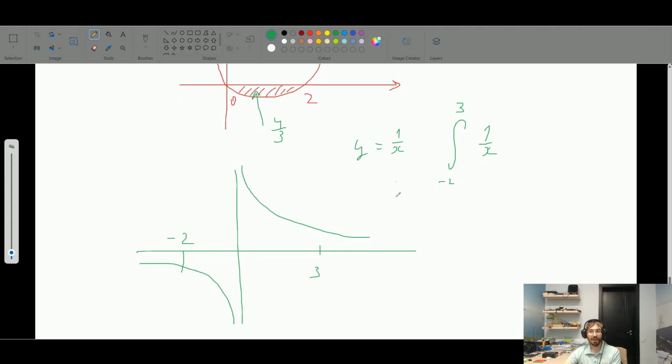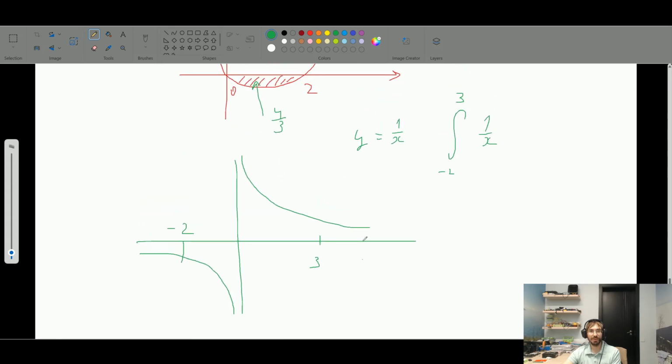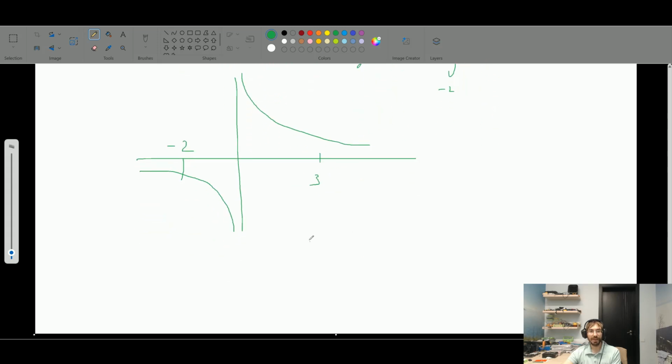The second case where you need to be attentive is when the function goes through 0. Let's take the already known function y equals x squared minus 2x, and let's try to calculate the integral between, let's say, 0 and 4 of x squared minus 2x.